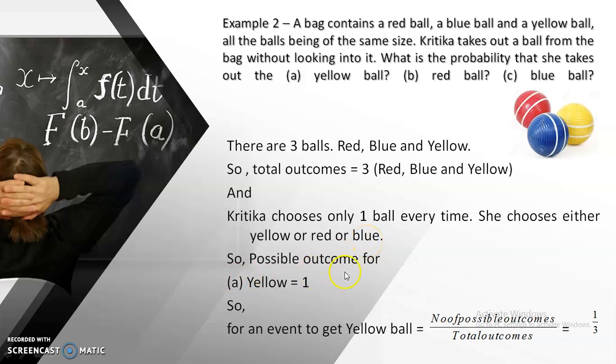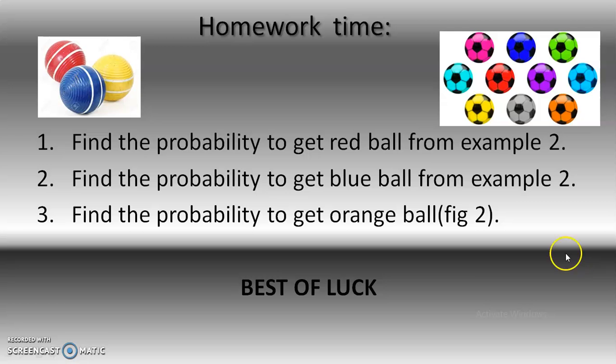So possible outcome for yellow equals 1, because we have only one yellow ball here. So for an event to get yellow ball equals number of possible outcomes divided by total outcomes equals 1 upon 3. Got it? Now go to the next slide.